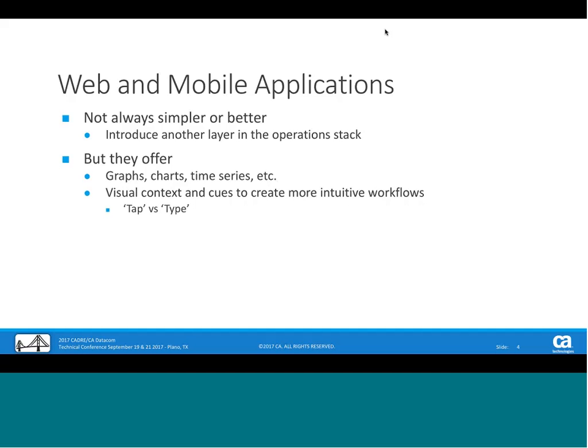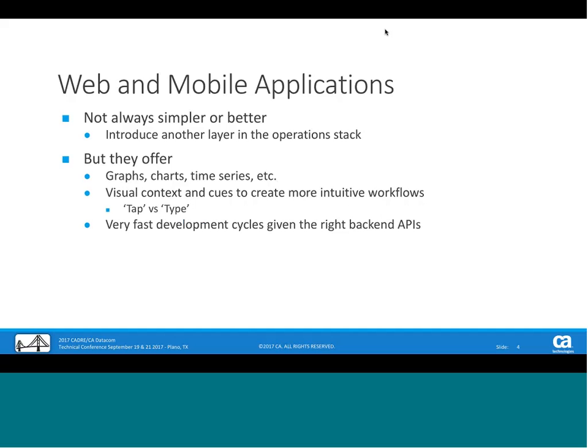You also make better workflows for newer users with visual context and cues. Normally, if your users are more knowledgeable with the system, you don't have to consider this, but for new users, it's easier to tap through a menu rather than typing out a long, complex command.